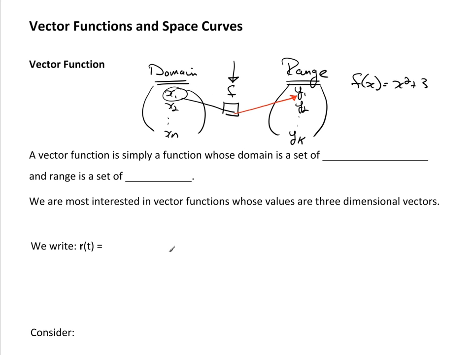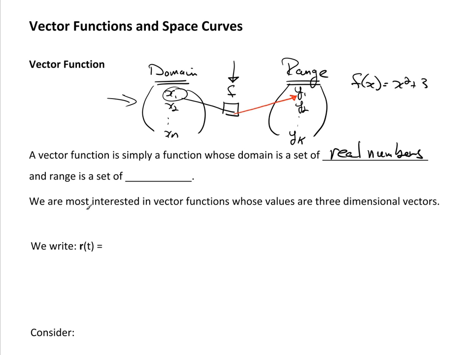Well, that same general idea applies to a vector function. A vector function is simply a function whose domain is a set of real numbers, which is the case in virtually all the functions that we've worked with. The domain here is typically real numbers.